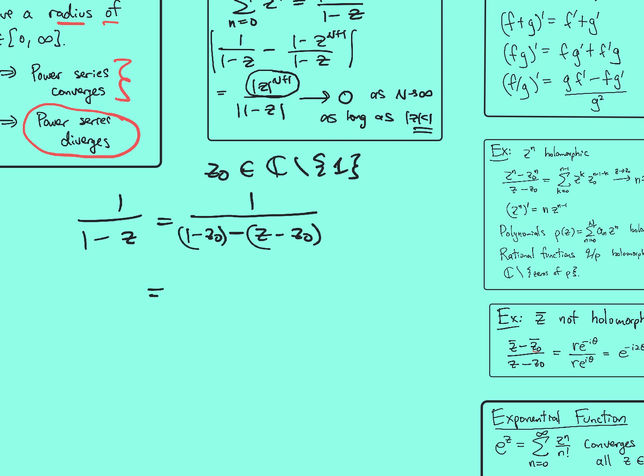And now I'm going to factor out this part, 1 minus z0, from the bottom. So I'll have 1 minus z0 sitting on the outside, and that's fine, since z0 is not equal to 1, there's no issue with that. And now we have this expression.